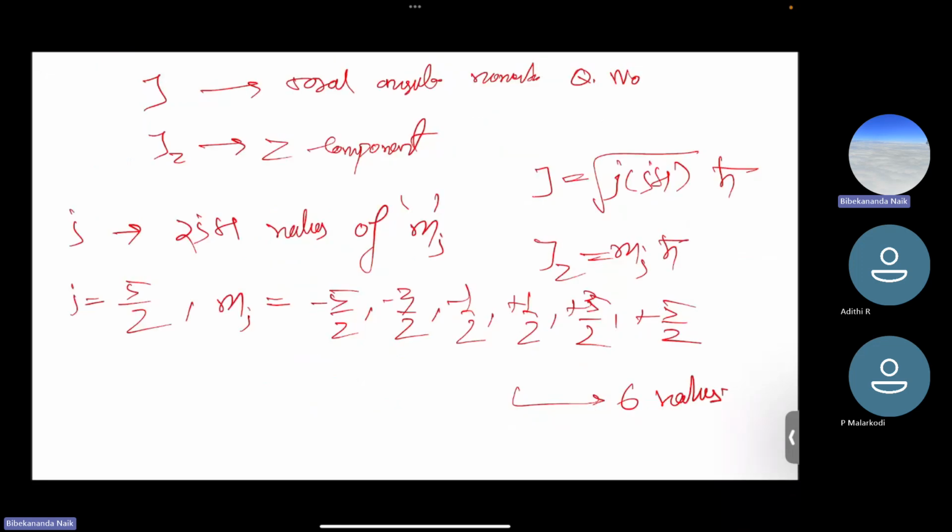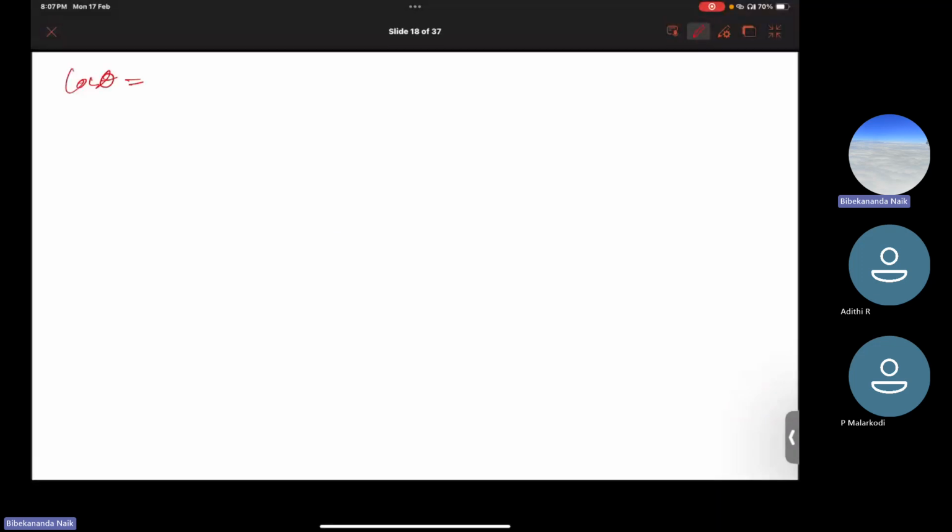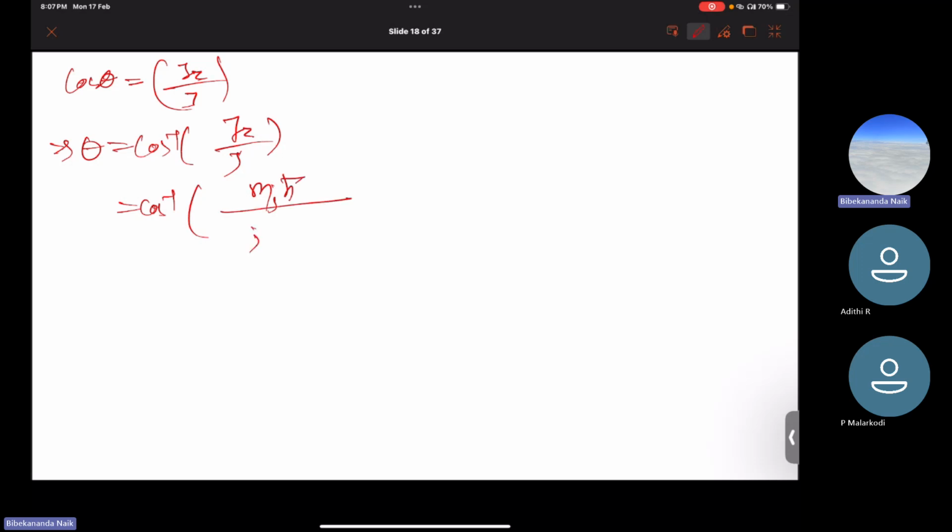So the formula is given as cos theta, where cos theta is JZ by J, or theta is equal to cos inverse JZ by J. So if you put the values, JZ is mj h cross and J is root of j into j plus 1 times h cross.